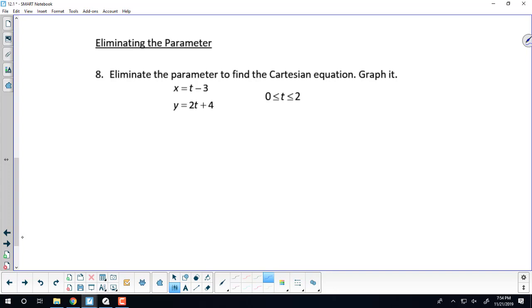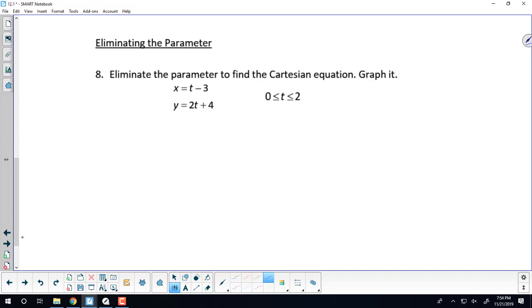Maybe we can look at the ones that don't involve the sines and cosines. Eliminate the parameter and graph it. With sines and cosines, it's straightforward: square both sides, set it equal to 1. With other versions, like what we have here, it's your choice whether you want to solve for x or whether you want to solve for t in x or t in y.